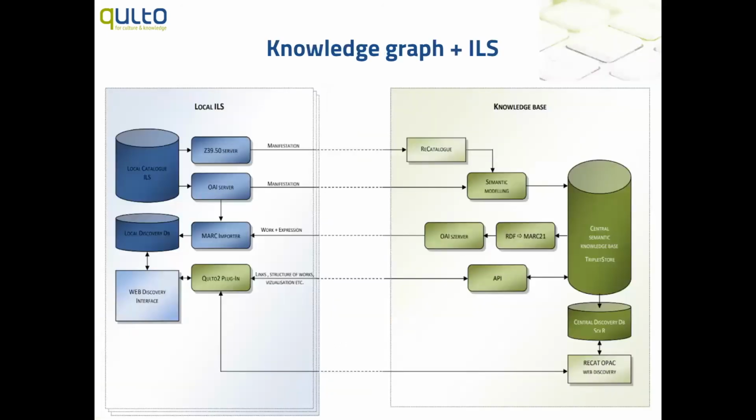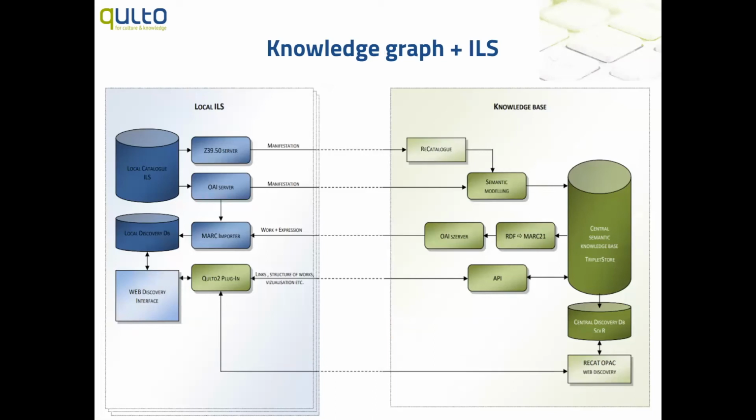So a knowledge graph by the Recatalog tool can be built upon a local library database or multiple library databases by querying data through the Z39.50 protocol or OAI server.